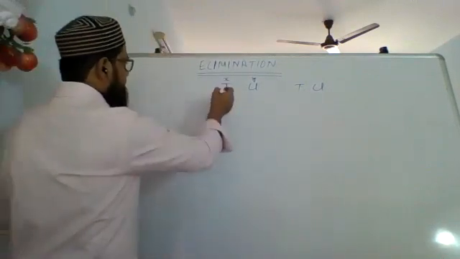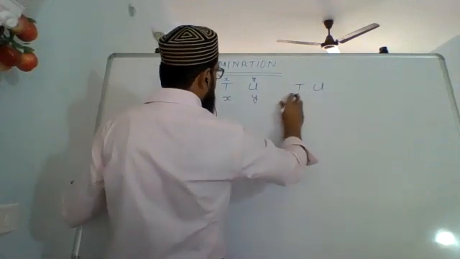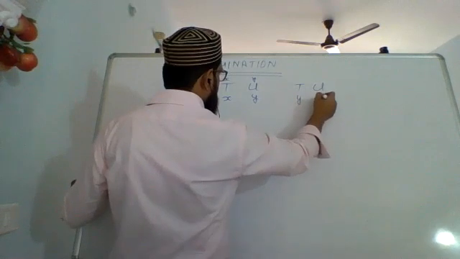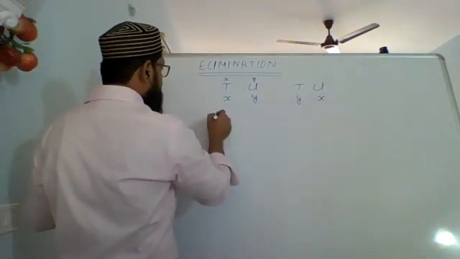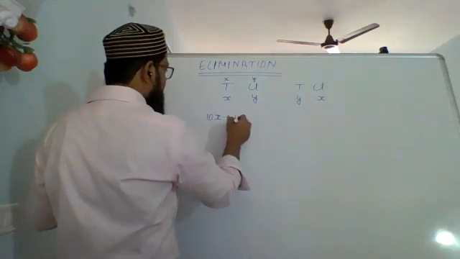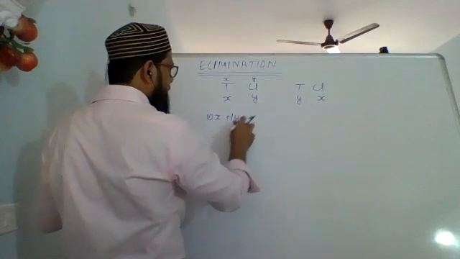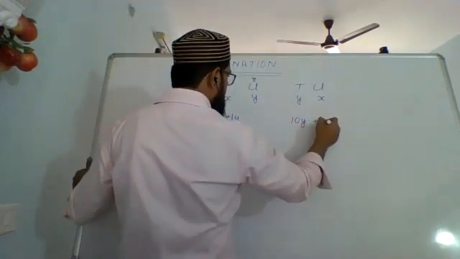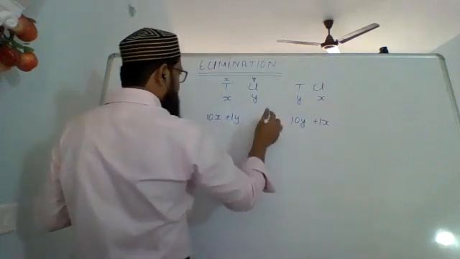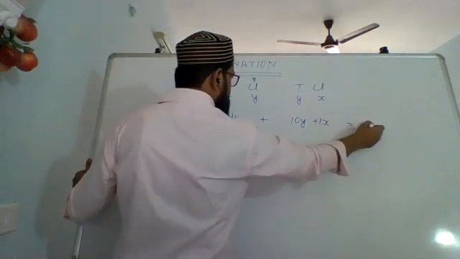Let's say, as I said, this is x and this is y. After you interchange, this will become y and this will become x. Tens is multiplied by 10 and units is multiplied by 1. So after interchanging, the number becomes 10y plus 1x. Adding both, the total was 66.